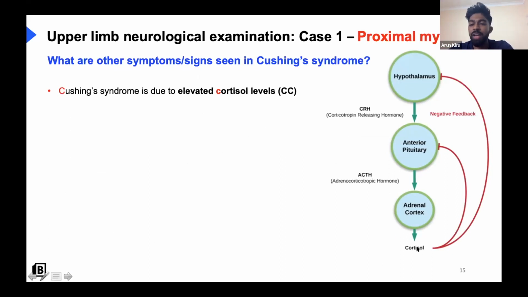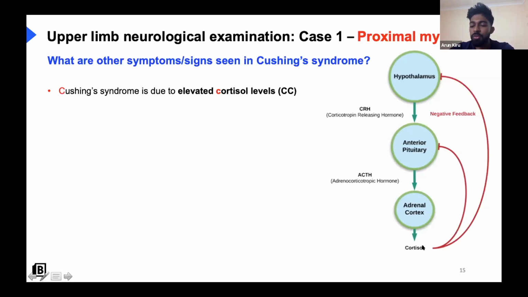And this is the axis for cortisol. We've got the hypothalamus, which releases corticotrophin releasing hormone, which causes our anterior pituitary to release ACTH. ACTH acts on our adrenal cortex, the outer layer of our adrenal glands, to release cortisol. And then we've got these negative feedback loops. So if this is raised, we have our Cushing syndrome.